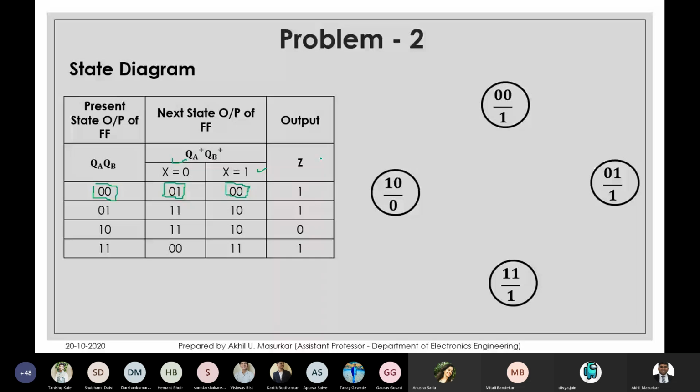Now, can you tell me, Mitali, you are there, right? Yes, sir. For the present state 1 0, what is the next state when X equal to 1?